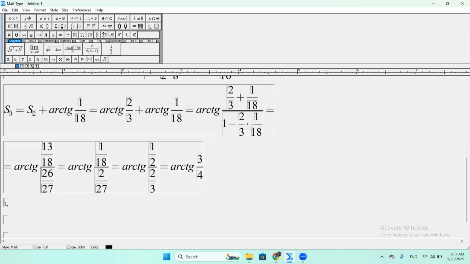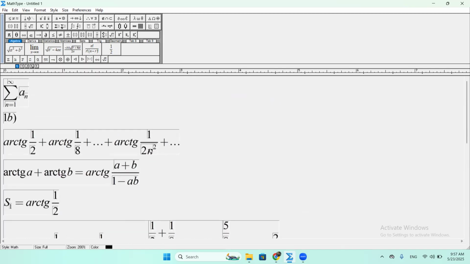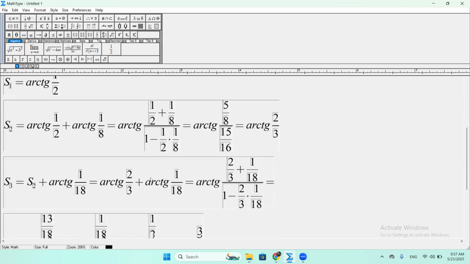Okay, let's do it. So S4 will be equal arctangents of 3/4 plus arctangents of 1 over 2 to the power n squared, so 4 squared equals 16, so 1/32.